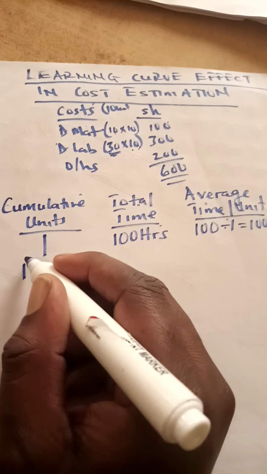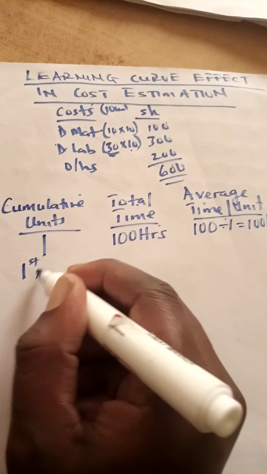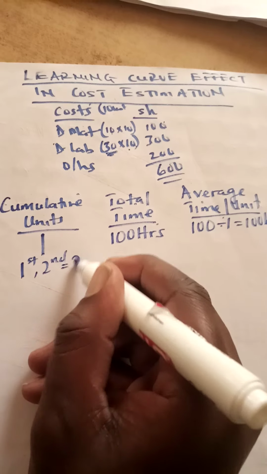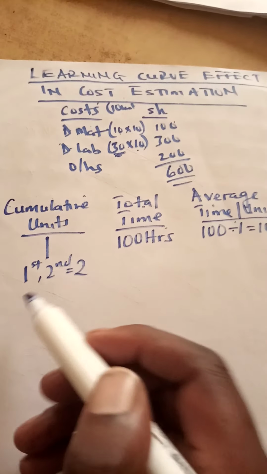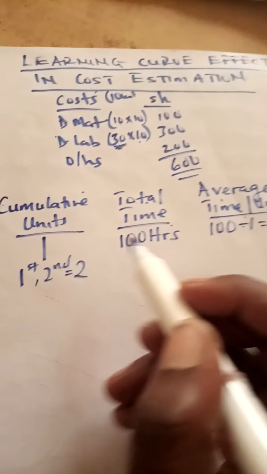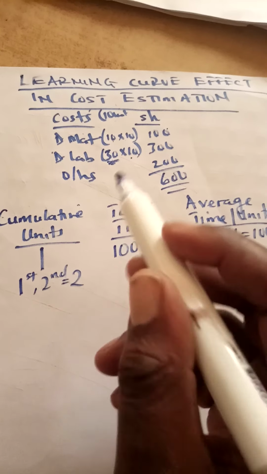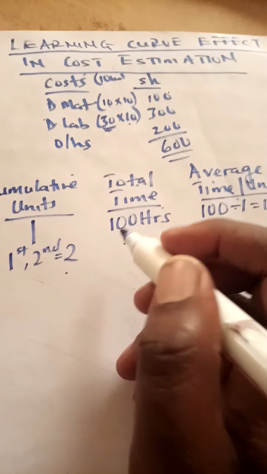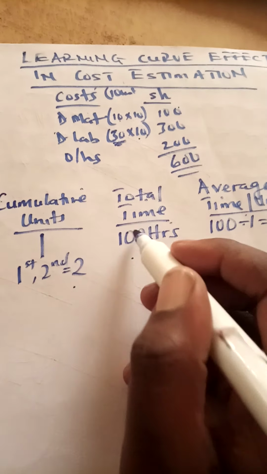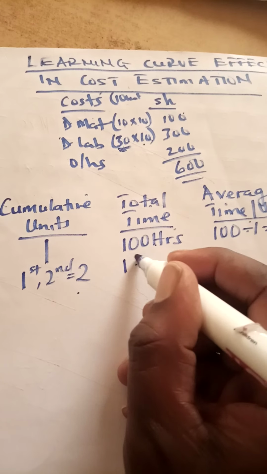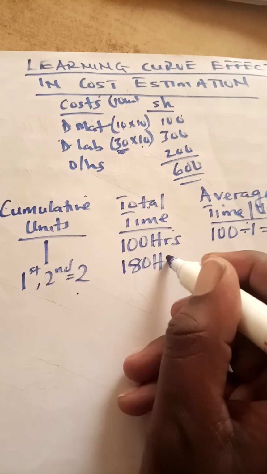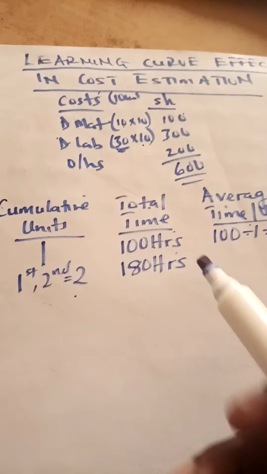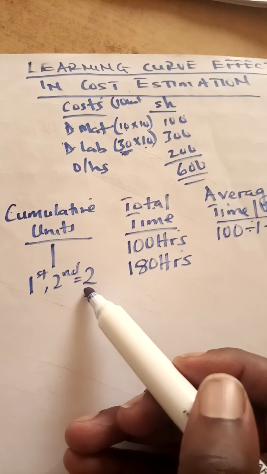So by the time they have made the first and the second unit, cumulative 2 units, because they took 100 hours in the first one, this effect states that 2 units will not take 200. They might shock you: instead of taking 200 hours, because 100 times 2 should be 200, you might find that your laborers take 180 hours to make the first 2 units.